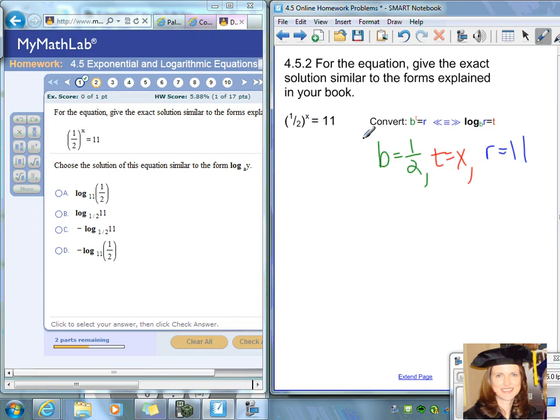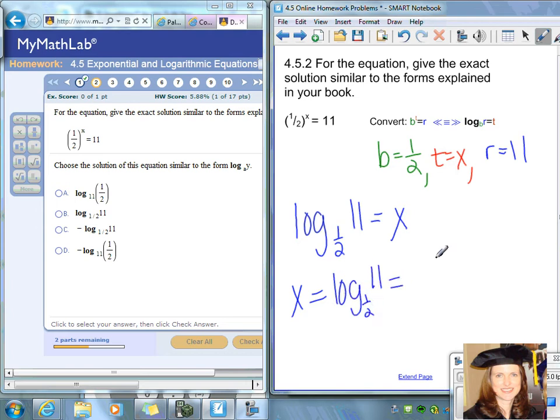Rewrite it in logarithmic form. So it's written as log base 1/2, log base b of 11 is equal to x. Log base 1/2 of 11 equals x. So if x equals log base 1/2 of 11, use the change of base formula to write this as log of 11 divided by log of 1/2.